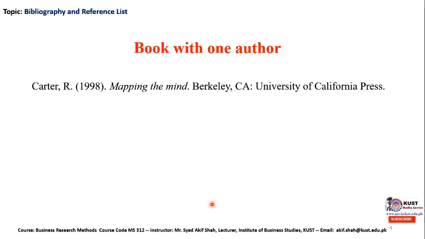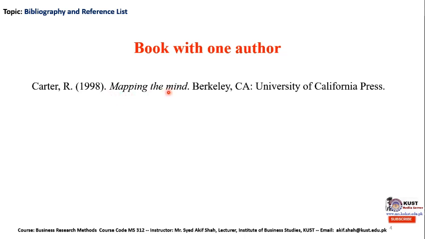So let's say, what if the book has been published by a single author? Then what is the mechanism to refer to it at the end of the report? The APA style of referring in the bibliography of the research report is to write down the author name at the start, like Catcher, then comma, and then the first name initial, then a dot, and in parenthesis the year of publication of the book, which is 1998 in our case.